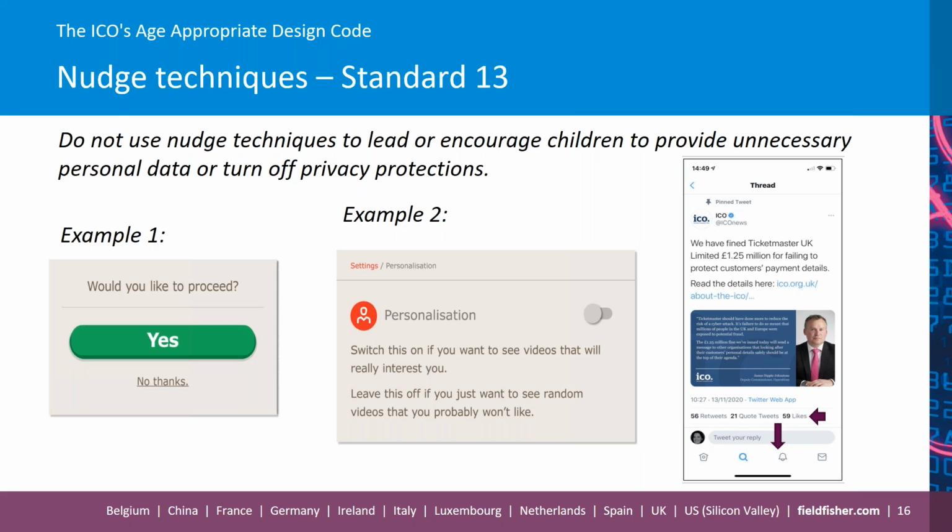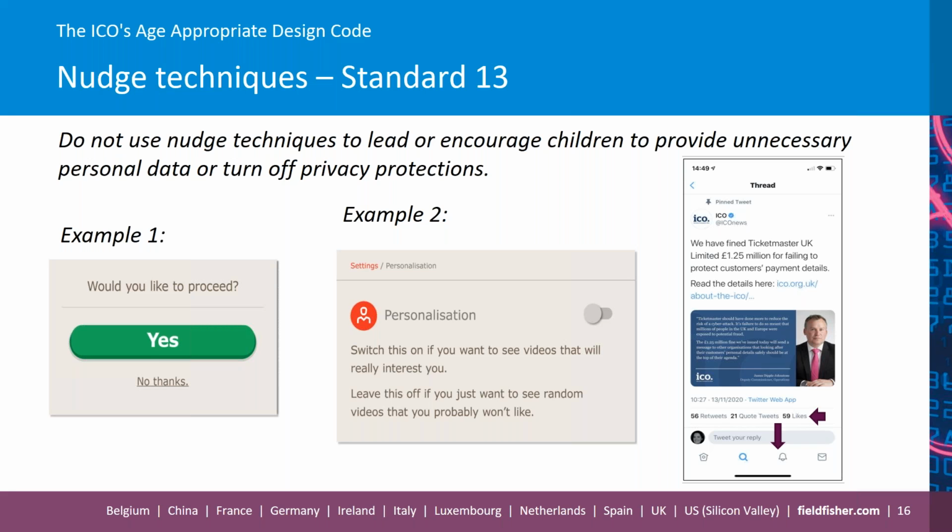By contrast, you can use pro-privacy nudge techniques where appropriate towards high privacy options or well-being enhancing options. So for example, you could have a big pop-up that says take a break, because that within society is what is being encouraged, especially of children's use of IT.